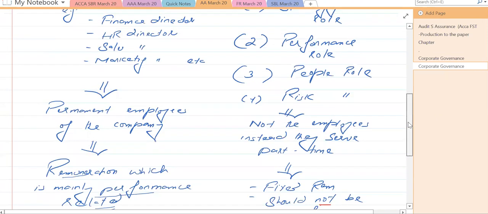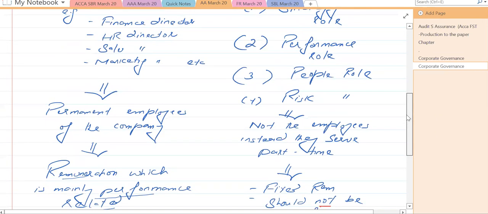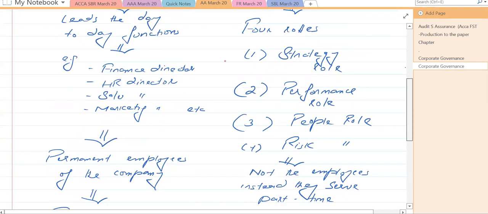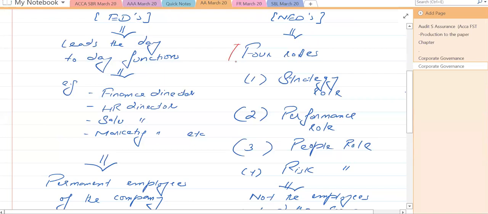So non-executive directors serve part-time, and they have 4 roles in the companies. Strategy role means they contribute in the strategy, that is, they give their contribution when the strategy is formulated. Performance role means they monitor the performance of EDs.